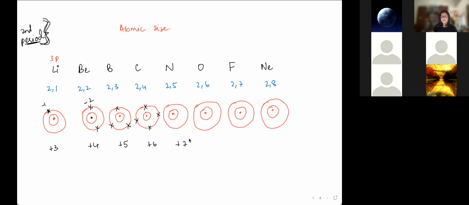This has +7 in the center and 5 electrons. This has +8 in the center and 6 electrons. Here there are 7 electrons, and +9 in the center and 8 electrons.